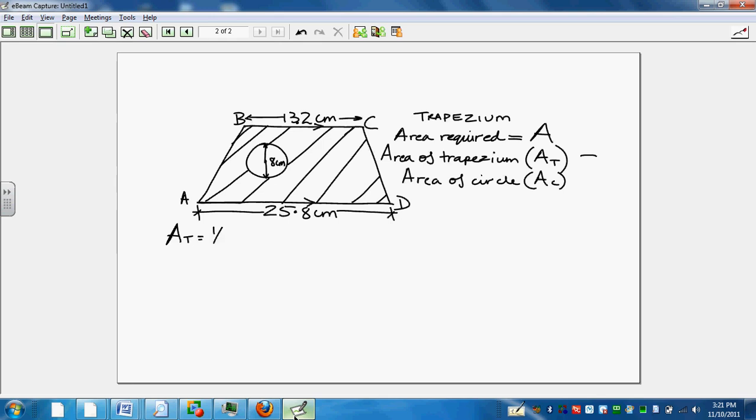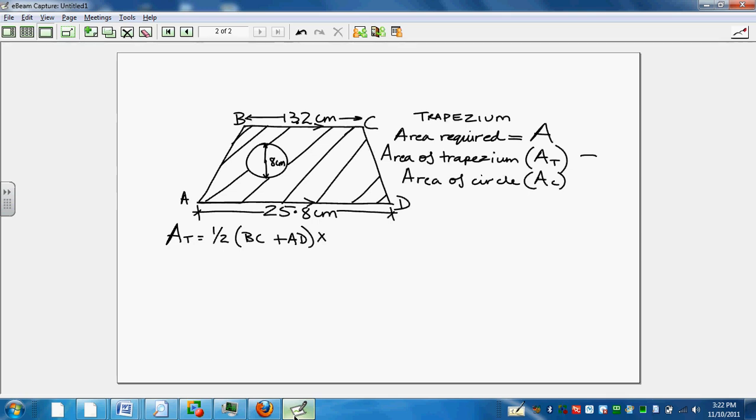Now the area of any trapezium is equal to a half times, open brackets, the sum of the parallel sides. So the parallel sides would be BC plus AD. Right? So the area of a trapezium is a half multiplied by the sum of the parallel sides times the perpendicular distance between them.